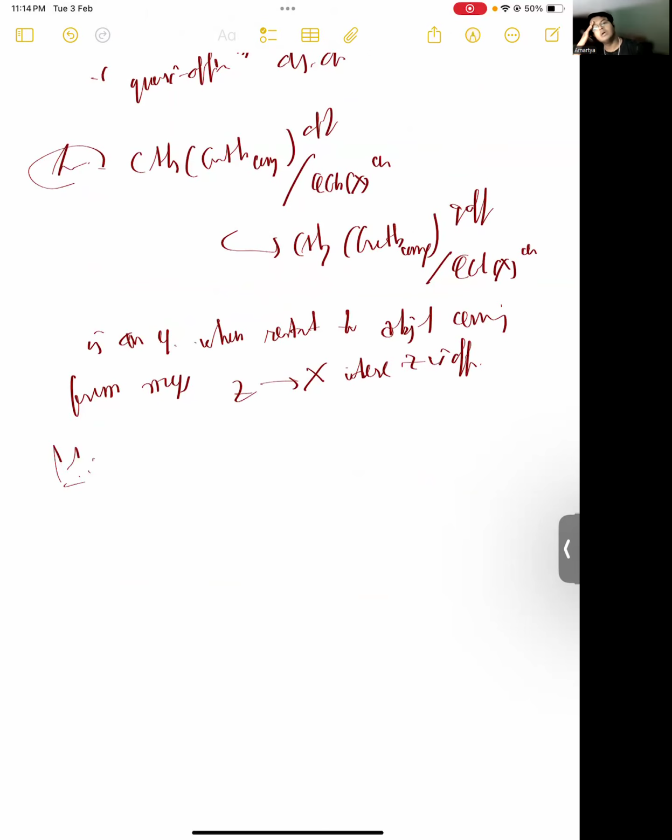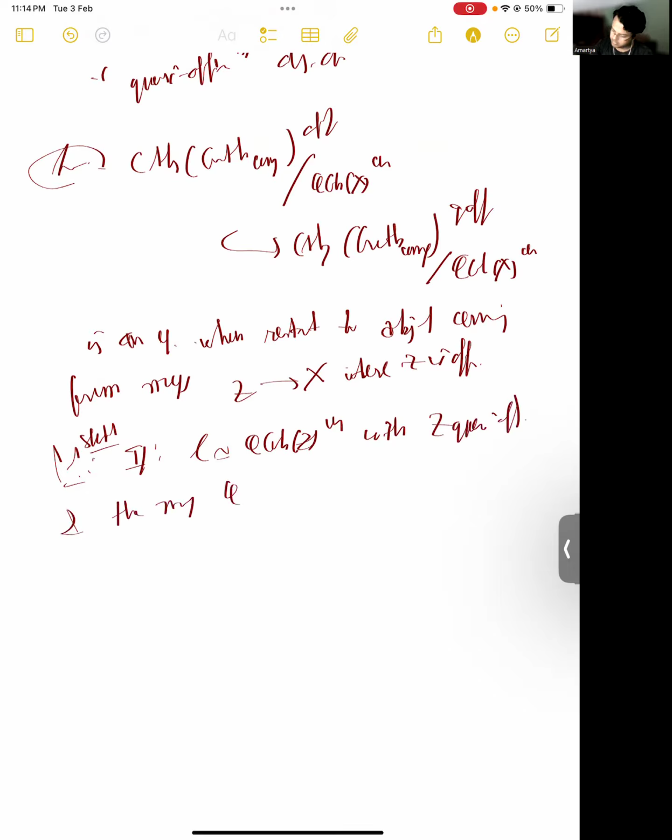So right, proof sketch. Let's see proof sketch. So if C is equivalent to QCoh Z with Z quasi-affine, and the map going to C comes from a map Z to X, then Z is affine. This is something that we have seen.